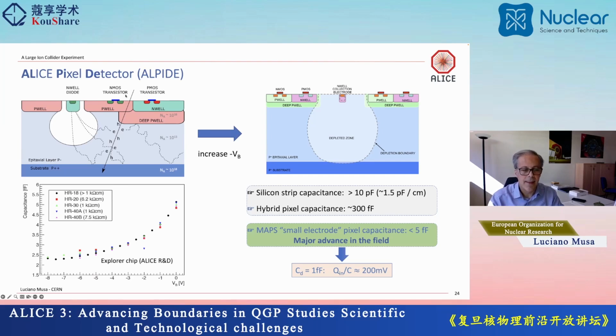And the capacitance is so small, and you see here some of the measured values when we increase the voltage that we apply, it goes down to essentially femtofarad values, okay? For comparison, a silicon strip capacitance is 10 picofarad. For a standard hybrid pixel detector it is 300 femtofarad. Here we're talking about 1 femtofarad, which means that the amplitude of the signal is the charge divided by the capacitance.